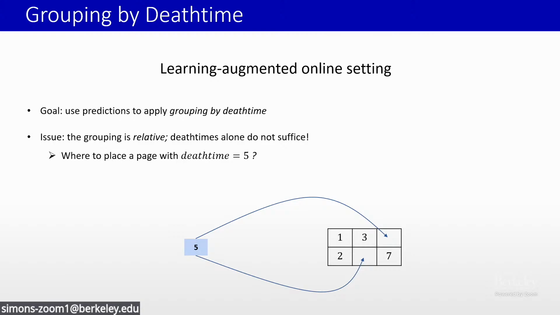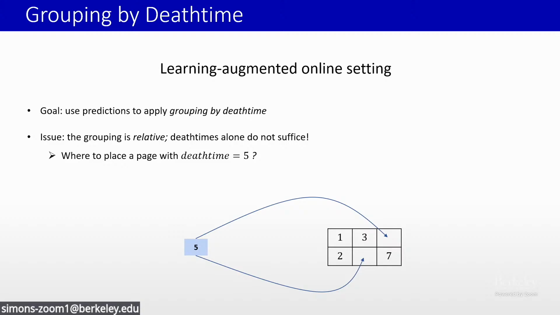Okay. So now let's see what happens here. So we're using predictions. Now the problem is this is my SSD. The numbers indicate the death times, and now comes a new request which has death time 5.